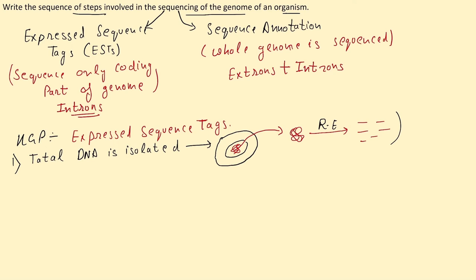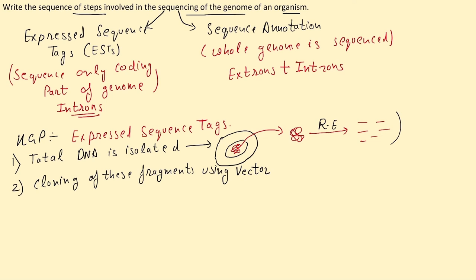In the second step, these restriction fragments are cloned using a vector.